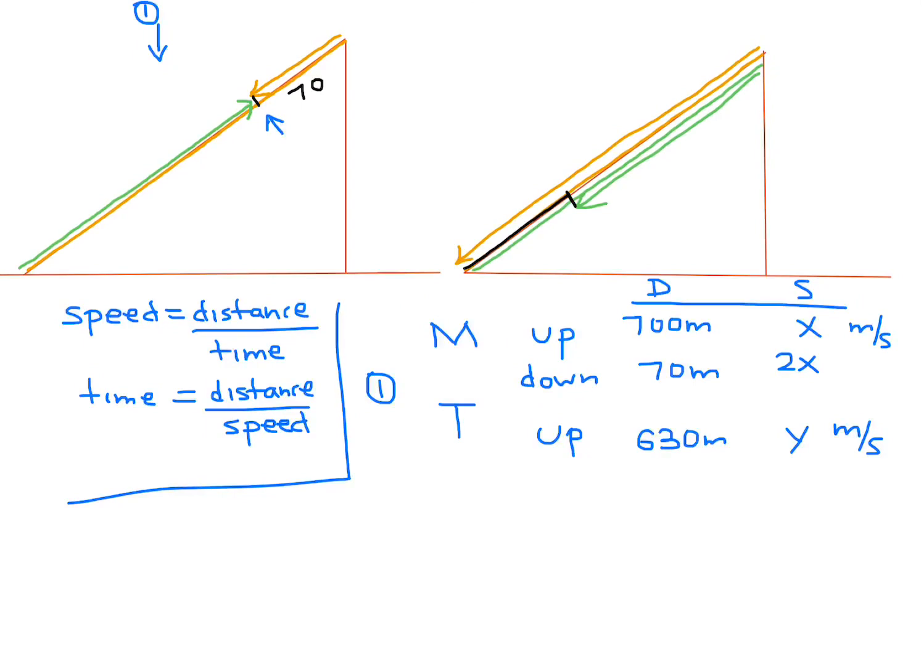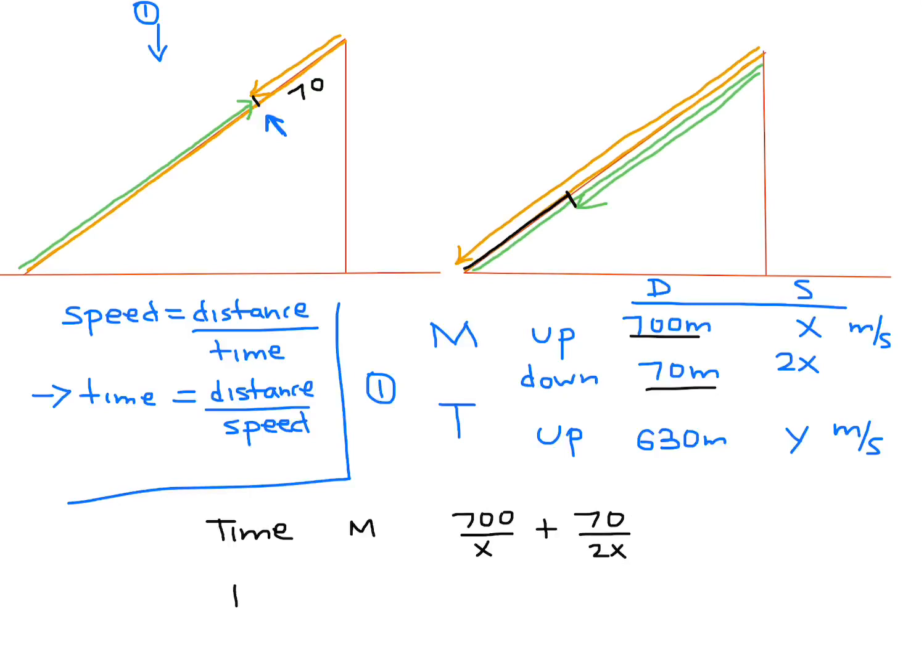Now they meet at the same time. Their times are the same at this point right there. So that means we have to figure out time. We have to use this equation here. For Maria, the time would be distance over speed. So 700 over x going uphill, and distance over speed going downhill, which is 70 over 2x.